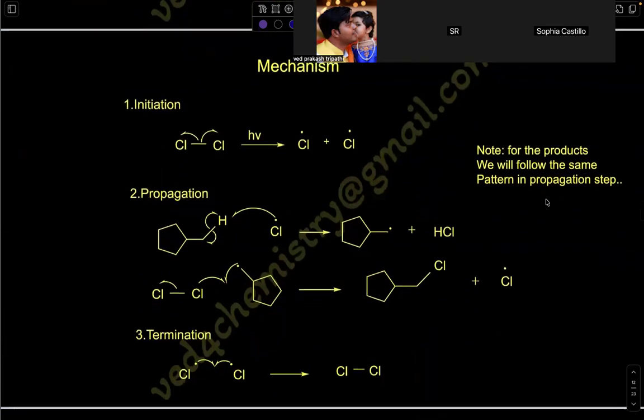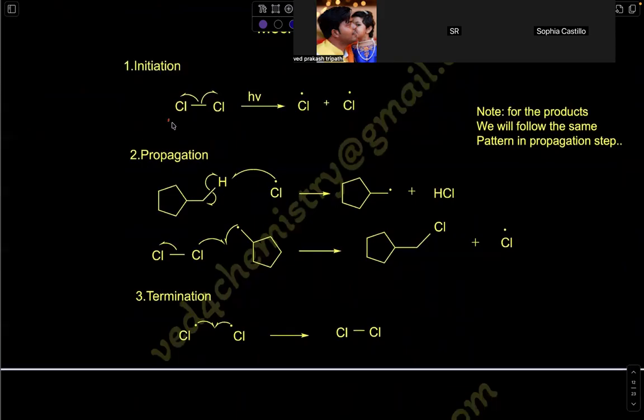Clear? And again, the same mechanism. The first is initiation, where the halogen is going to break and form radicals. The second step, hydrogen abstraction. Chlorine is going to grab this hydrogen and we have a radical. And in the next step, halogen abstraction. So the radical is going to grab this chlorine. So in the last, coupling. Makes sense? So here we have multiple products.